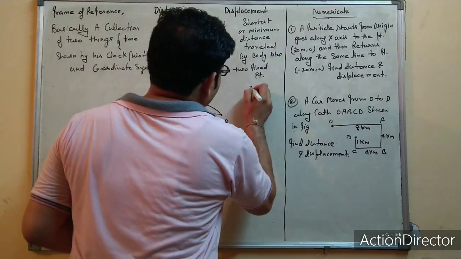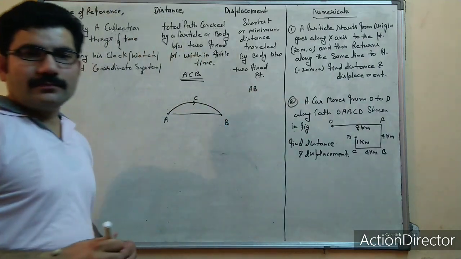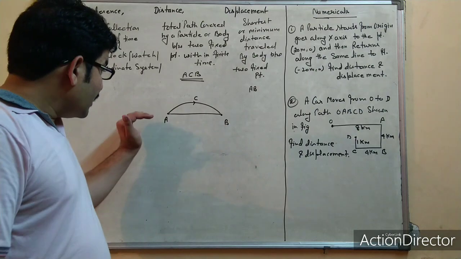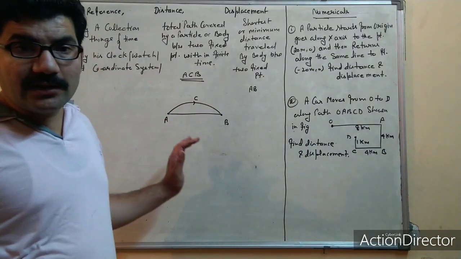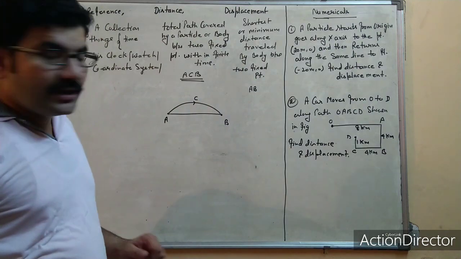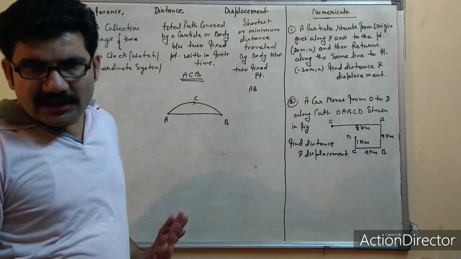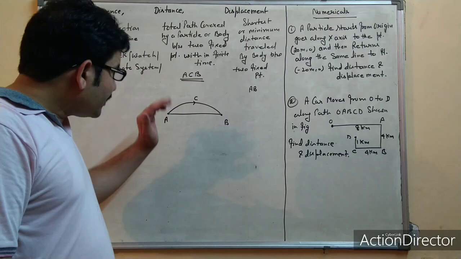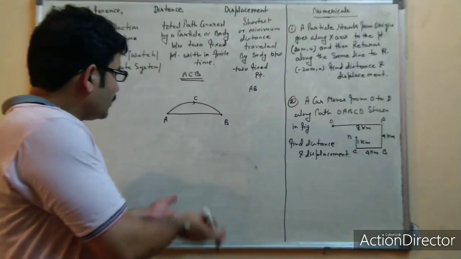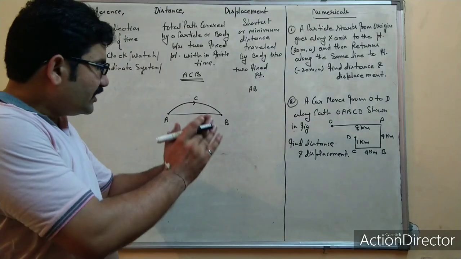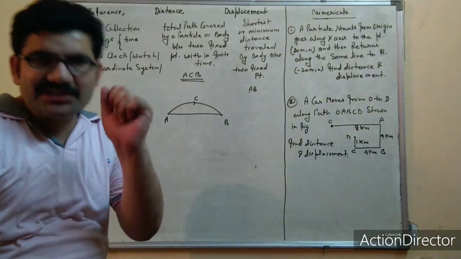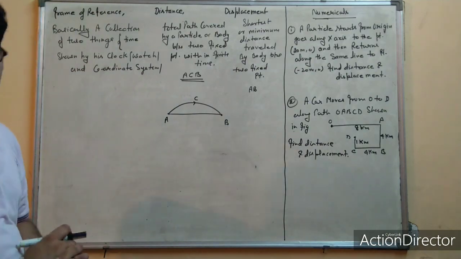So here A to B. Listen, A to B is the displacement, and ACB is the distance. We can take AB as distance here also, but I am trying to show how distance and displacement can be differentiated from each other by a single picture.